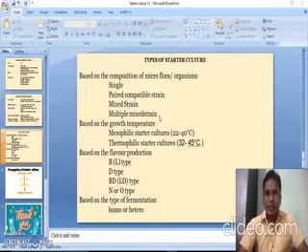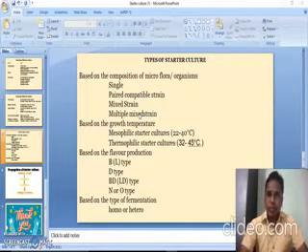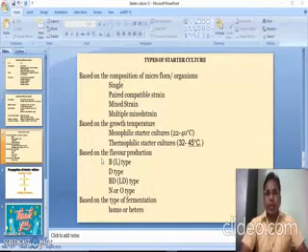Just a little bit of difference is there. In multiple mixed strain, their quality and their behavior is predictable, whereas in mixed strain their quality and behavior is not predictable.